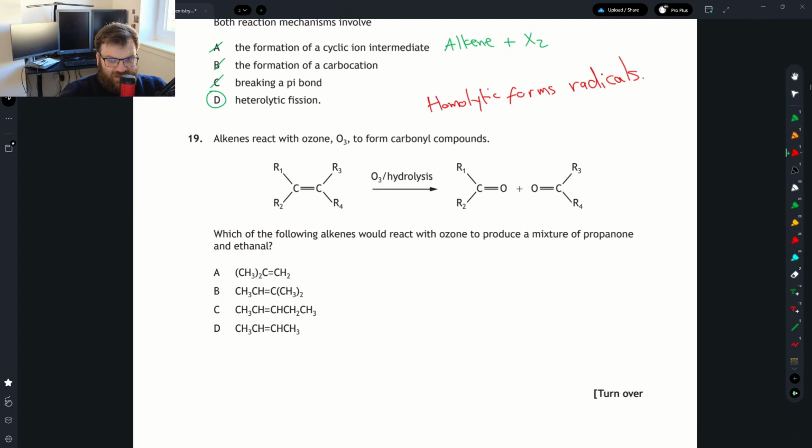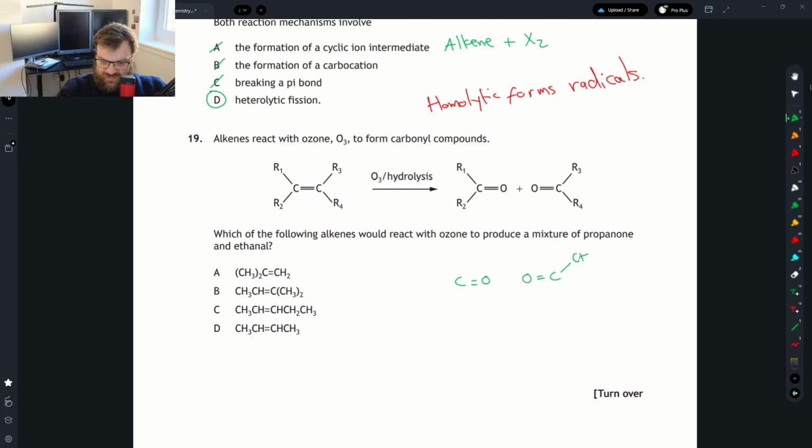Okay, next up, we are given a reaction of alkenes with ozone to form carbonyl compounds, and we need to find which of the following alkenes would produce propanone and ethanal. What I'd probably do here is draw the two things out they're telling us about. I want to make sure I'm keeping the two double bond O's pointing at each other. I'll have my O double bond C, and I'll just make this one propanone.